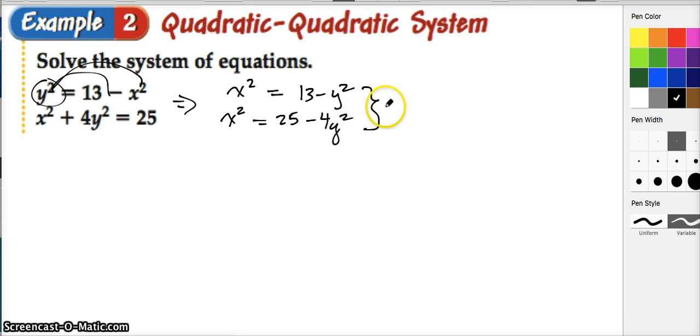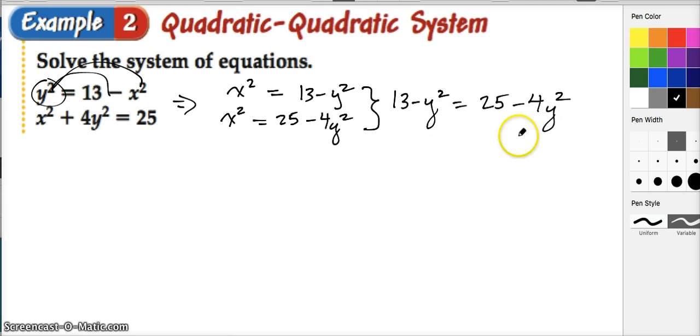So that implies that 13 minus y squared has to equal 25 minus 4y squared. And so now I like to get my equation in one variable so I can handle this. So I'm going to move everything over to one side. When I do that, I am going to add 4y squared to both sides.